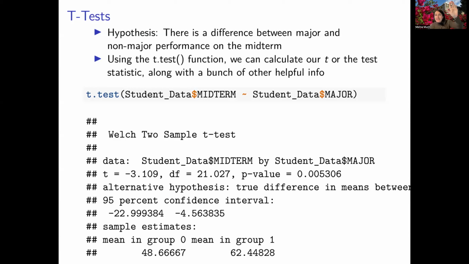So on the left-hand side, we have our interval ratio, and on the right-hand side, we have our binary grouping variable. If you flip these, your answers are going to look weird, right? So you have to remember that our DV, our interval ratio, is on the left, and our IV, our binary, is on the right.